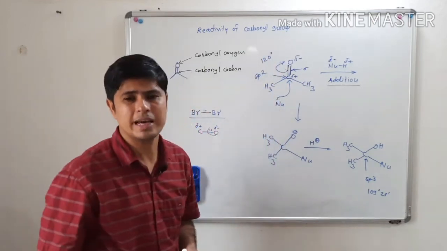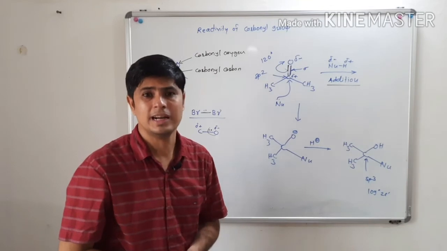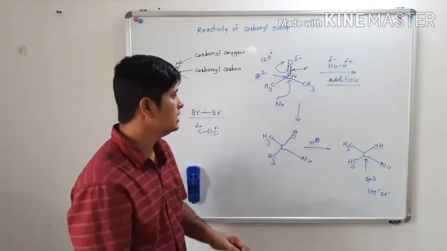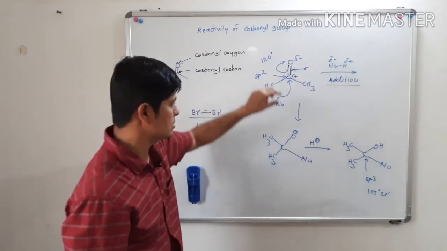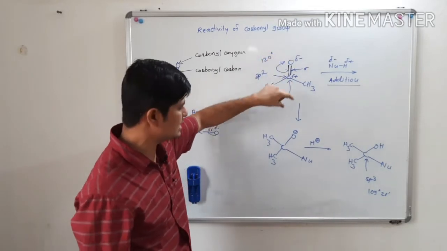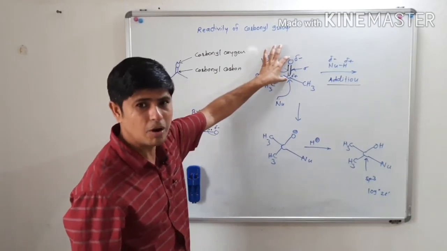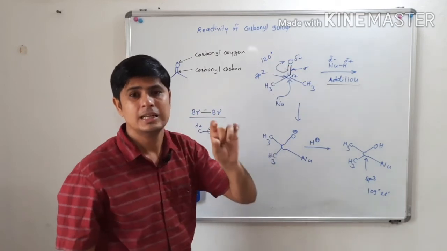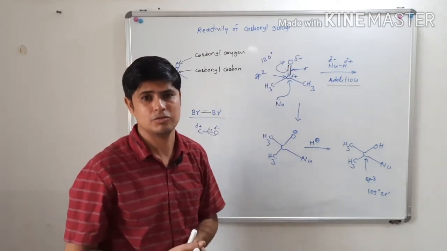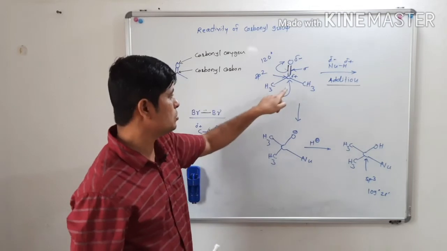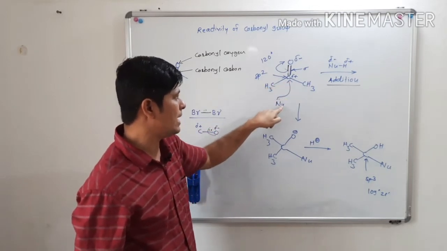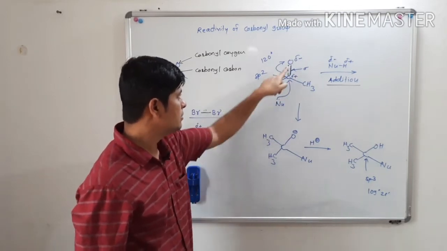So sp2 hybridized carbon got converted into tetrahedral carbon through this nucleophilic addition reaction. You can see this carbon oxygen double bond is undergoing nucleophilic addition. So carbon will have this nucleophile, oxygen will have this proton.